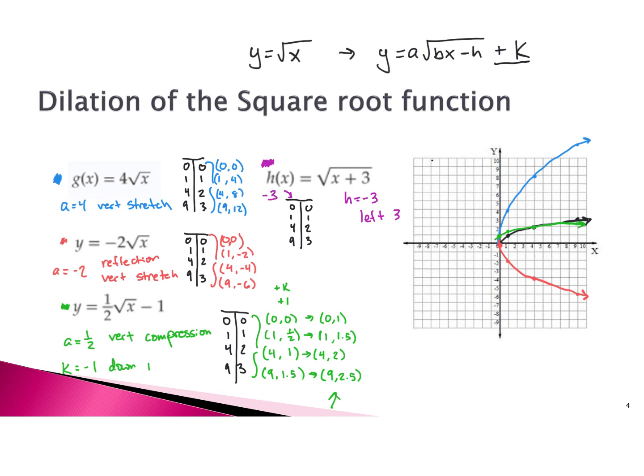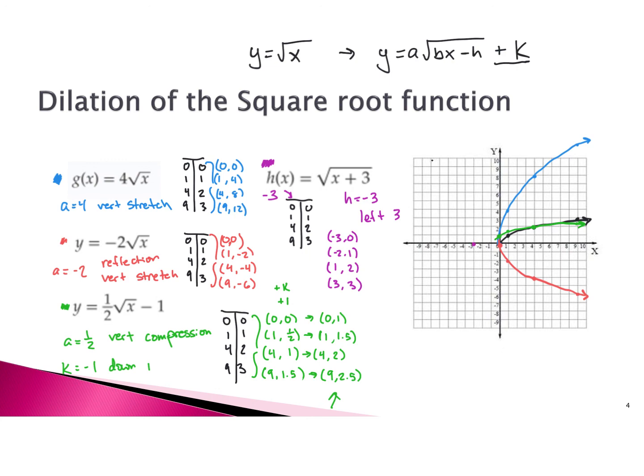So my new table would be -3, 0, -2, 1, oh no, that's a positive number. So we have 1 and 2, 3 and 3. Okay, notice how my y values did not change, only my x values did. I subtracted 3 from my x coordinates only.